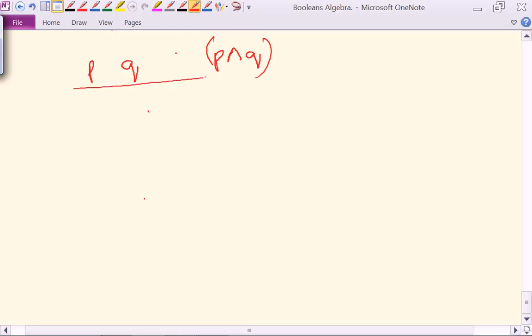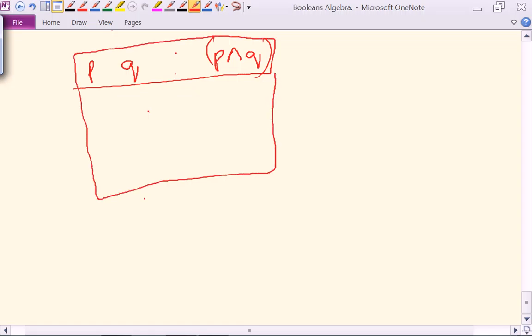This is the same as what you have done in digital electronics. The only thing is we don't write 0 and 1 here. You write true true, true false, false true, and false false.